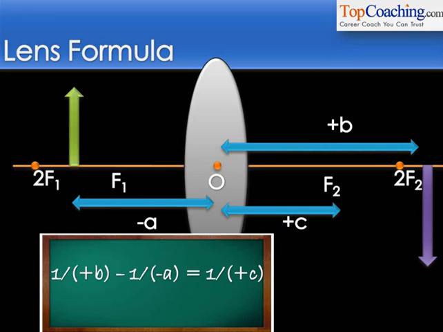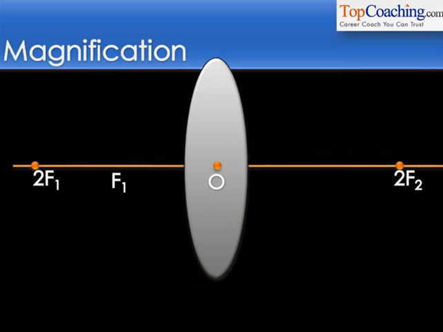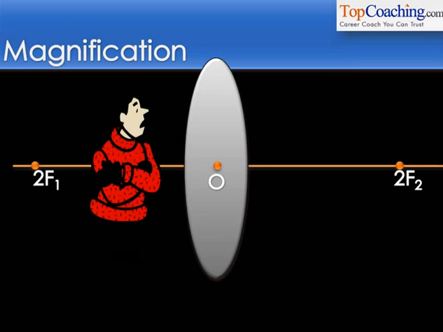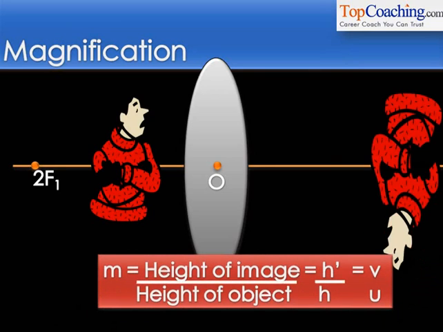Another important thing that we studied in the case of mirrors was magnification. Remember, we had said that magnification is the ratio of the height of the image to the height of the object. In the case of lenses also, we define magnification as the height of the image divided by the height of the object. Understood?